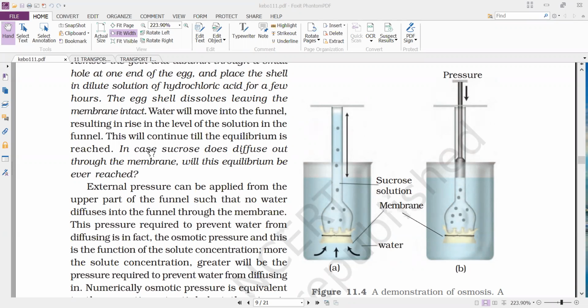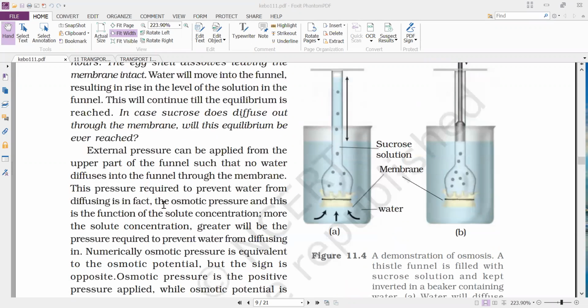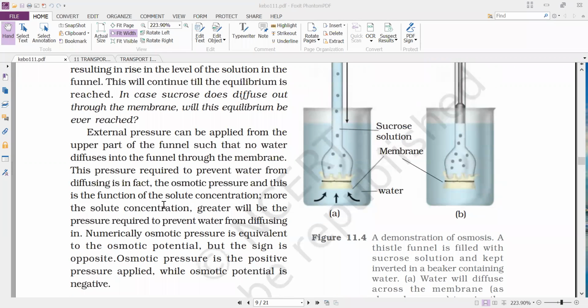But here, in case sugar does not diffuse out through the membrane, equilibrium will not be attained. Understood? Does anybody have any doubt in this concept?